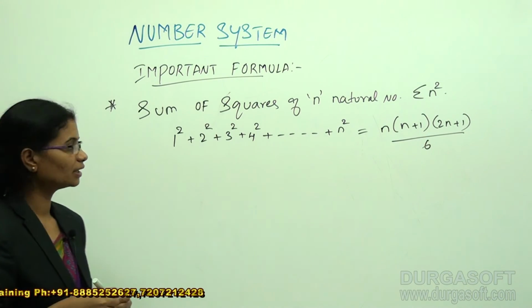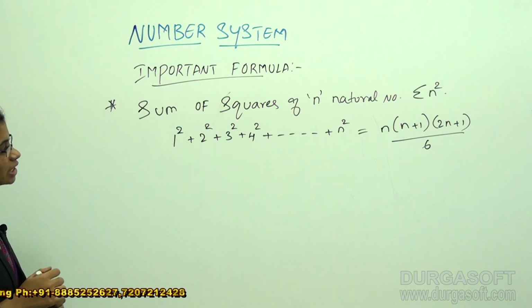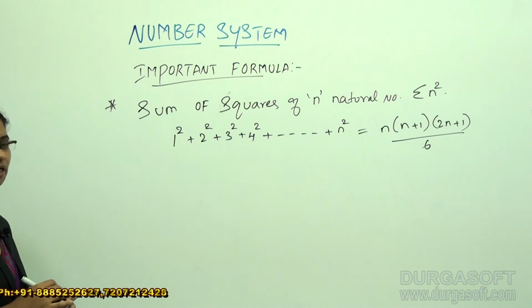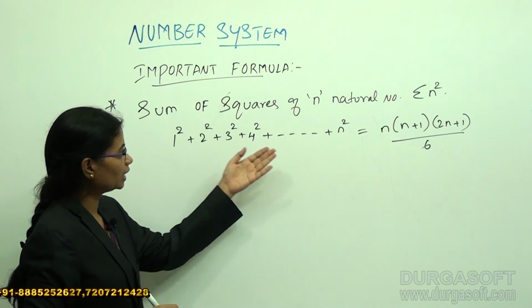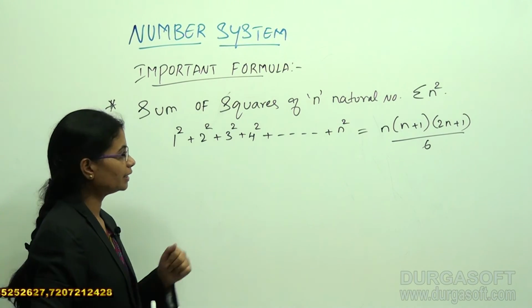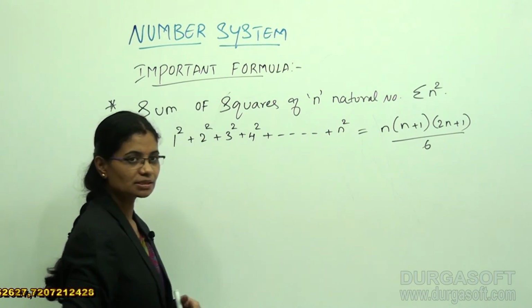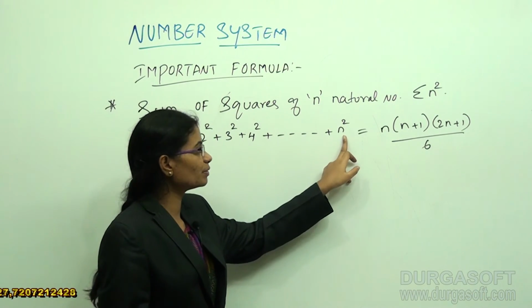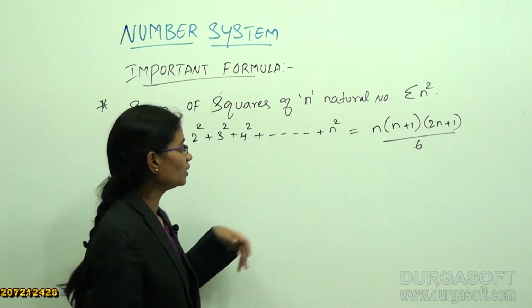This is the formula. Here n is the last number, this will be the n value, right?